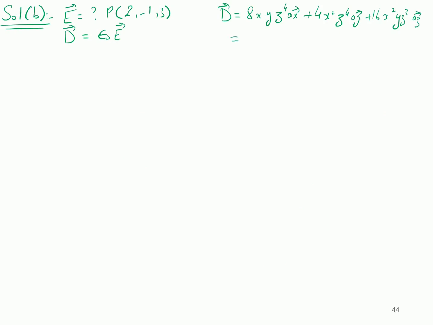So what is the value at the point 2, minus 1, 3? You just incorporate x equal to 2, y equal to minus 1 and z equal to 3 in this equation.